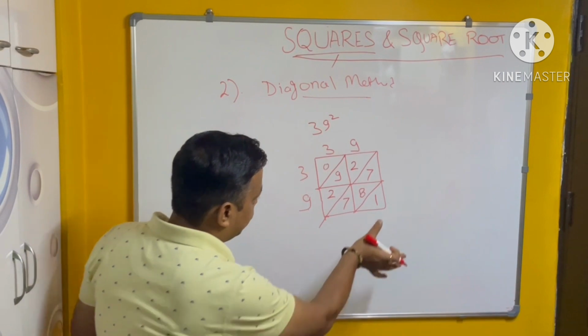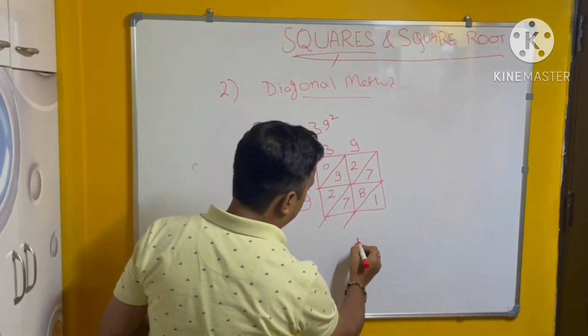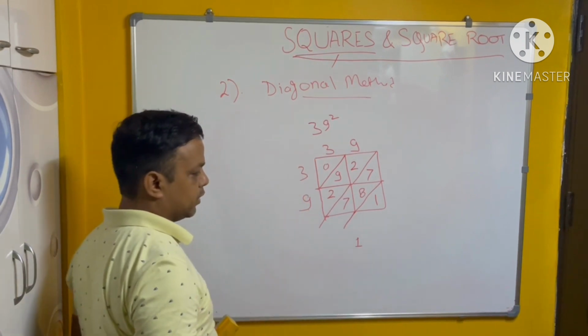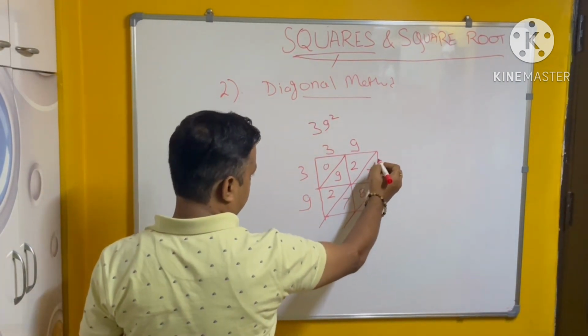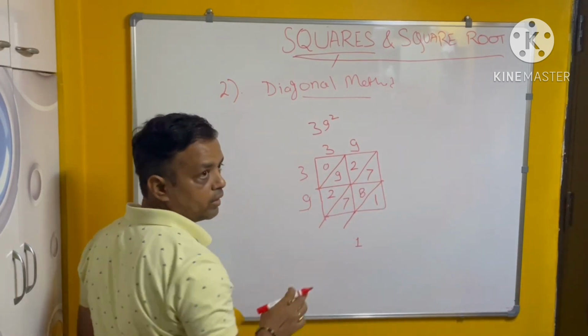Now we will write down the numbers between two diagonal lines.